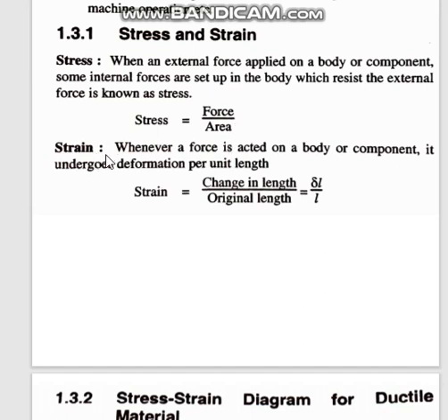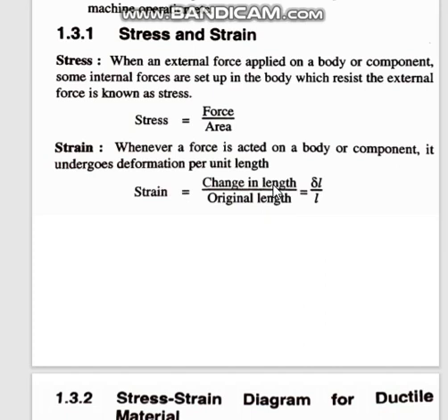Then again, strain. Strain is the deformation per unit length that takes place because of that force. Some force is applied. Say somebody comes and presses you, you get deformed. Some change is taking place, so you are strained in that case. Strain means change in length upon original length. This can be a positive change or a negative change.